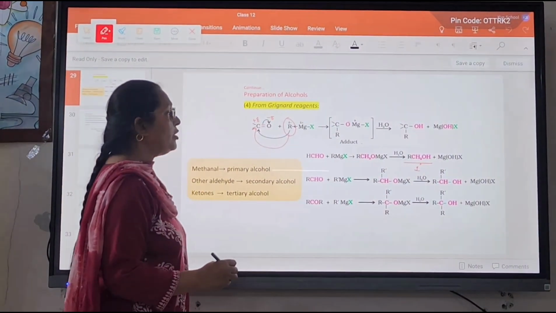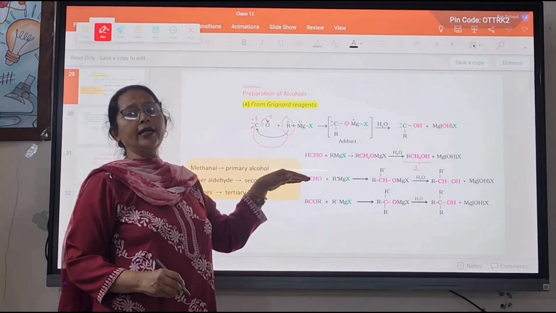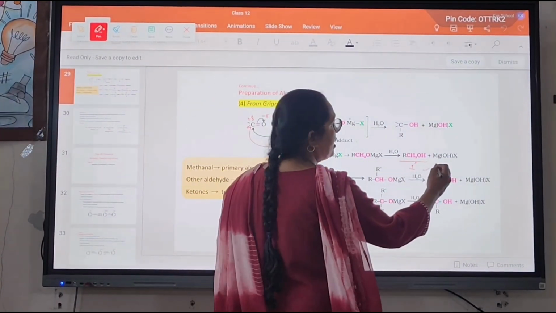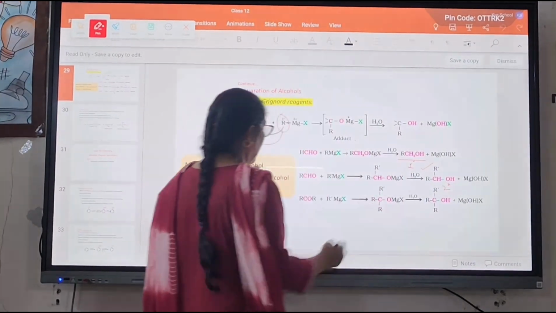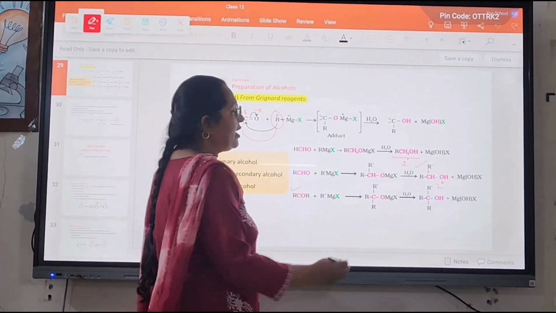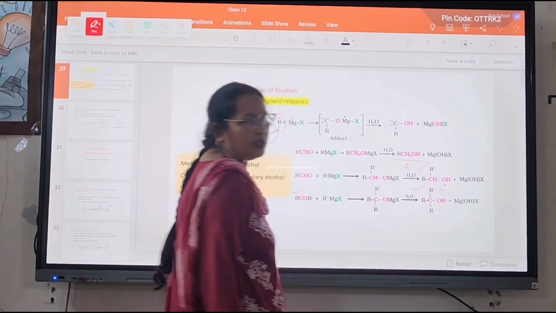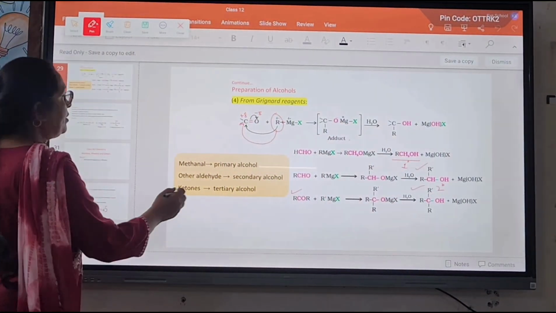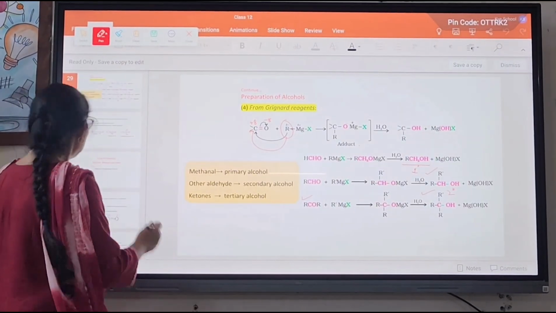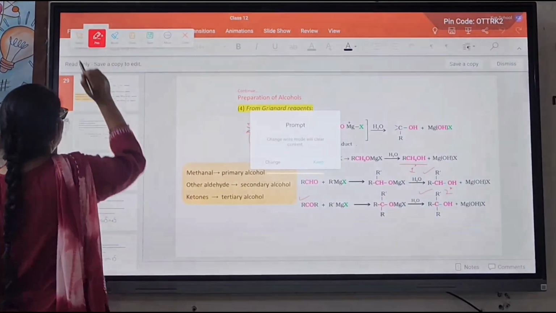If you take an aldehyde other than formaldehyde, then you will get the secondary alcohol, and if we are using the ketone, then we will get the tertiary alcohol.